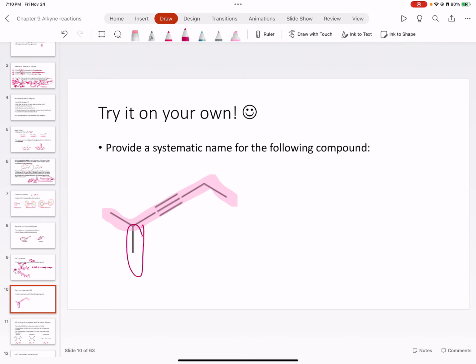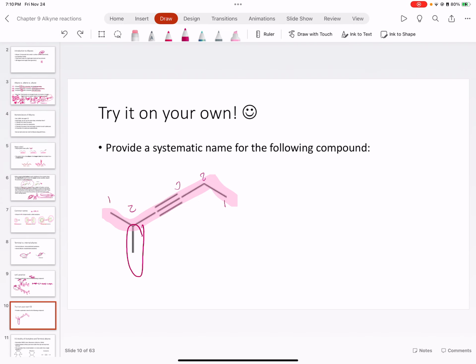That's when we actually care. We also want our substituent to have the lowest number possible. So if we're debating between a 1, 2 or a 1, 2, 3, 4, 5, we will prefer to have a 2 over a 5. So we'll start counting this way.